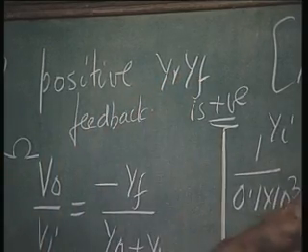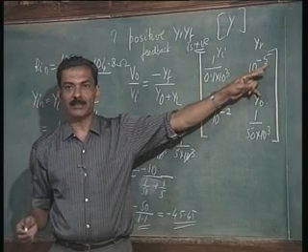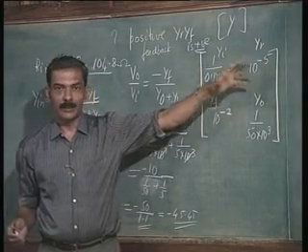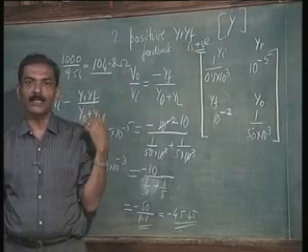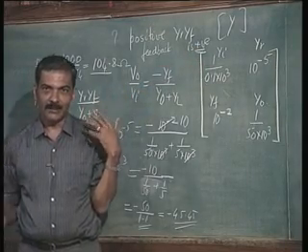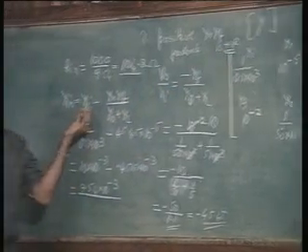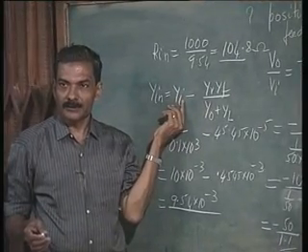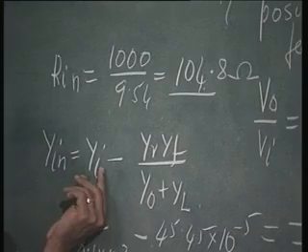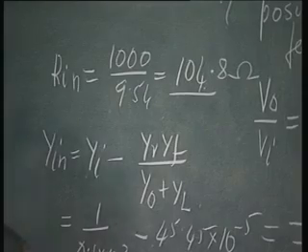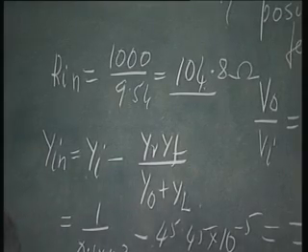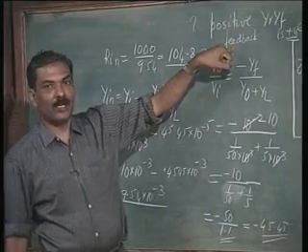Here it is 10 to the power minus 2 into 10 to the power minus 5. That is the factor by which the effect of the output is reflected at the input, and it gets subtracted from the input admittance. That means the effective admittance becomes lesser, or the impedance becomes higher. This is the effect of positive feedback.